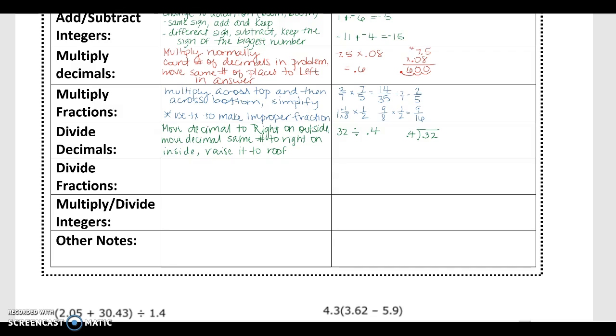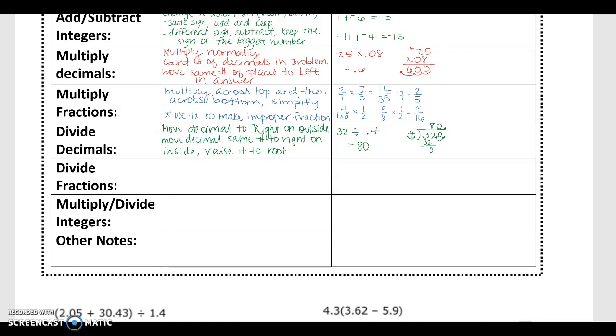So you're going to move your decimal here until it's a whole number, and since I moved it one place on the outside, I'm going to move it one place on the inside, plug in a 0, raise it to the top. So 4 times 8 is 32. Gonna put a 0, so is my answer 8? No, I have to fill in zeros until I get to the decimal, so my answer is 80. Okay? All right, let's keep going.